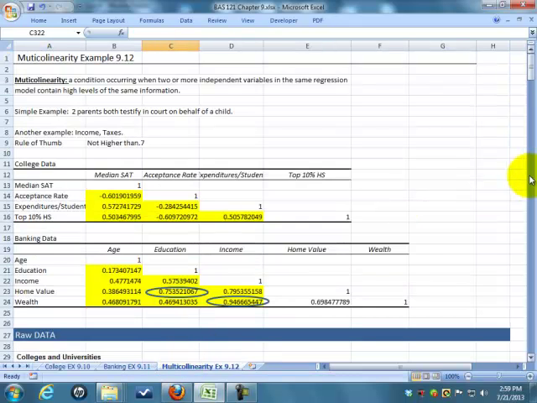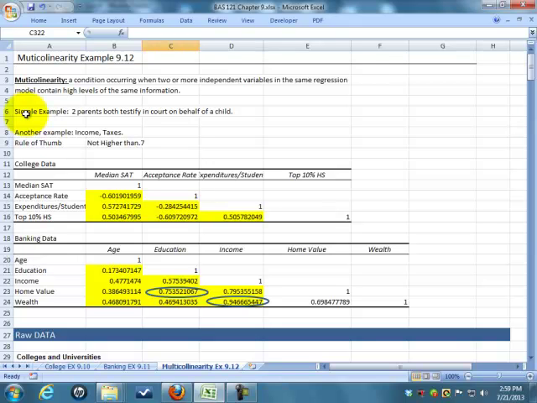And that's the formal definition. It's a condition occurring when two or more independent variables in the same regression model contain high levels of the same information. Now, in simple words, a couple of examples. Example number one: we've talked about how similar hypothesis testing was to the court system.